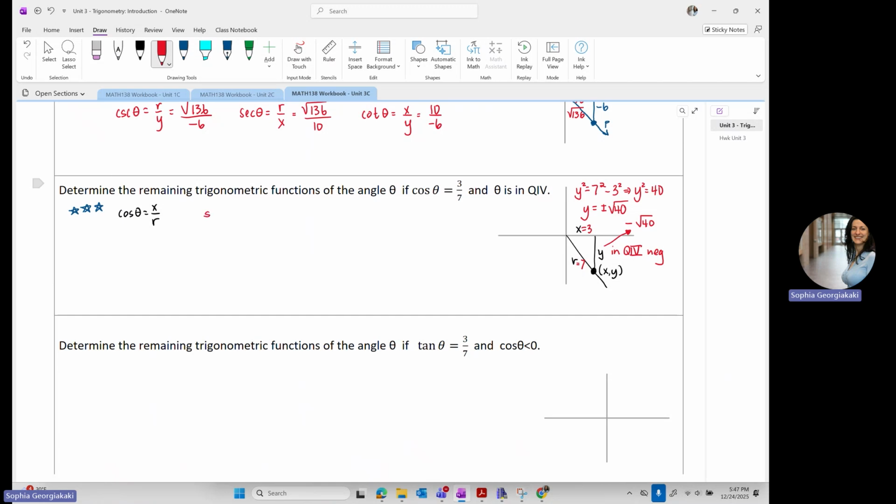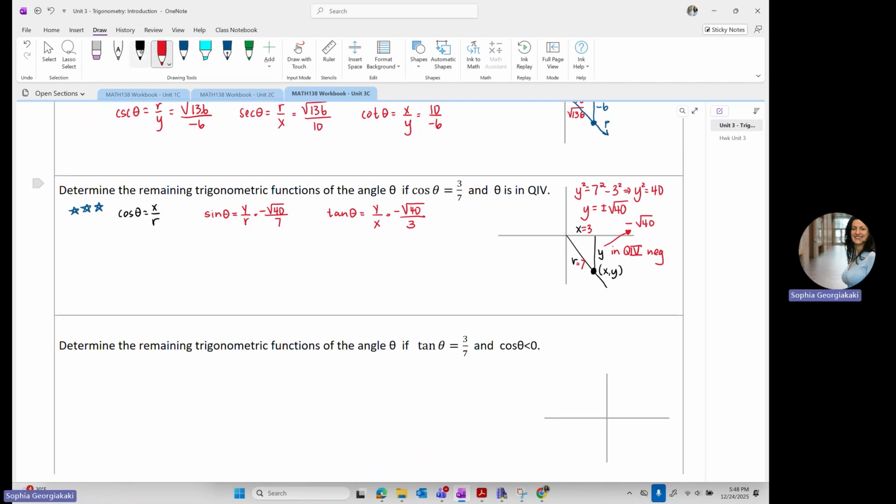Therefore, I can find the sine of theta as y over r, negative square root of 40 divided by 7. I can find the tangent of theta as y over x, and y is negative square root of 40 divided by 3. That's my x.